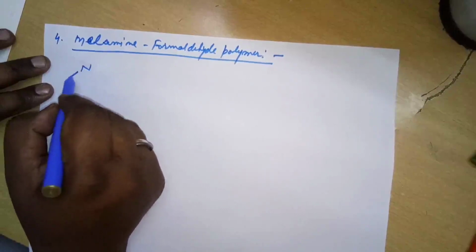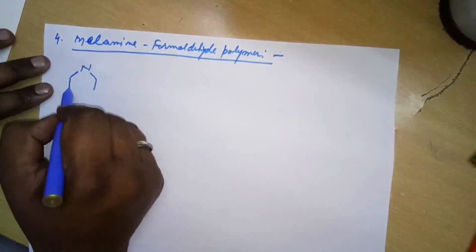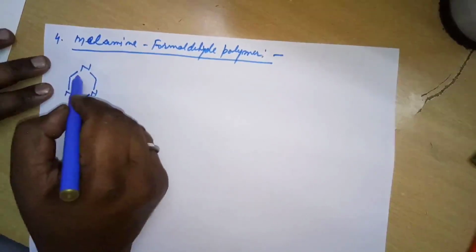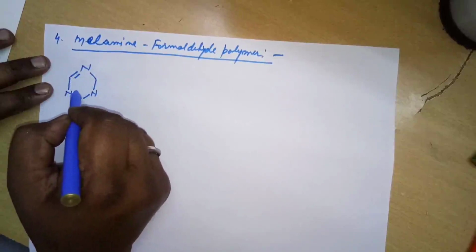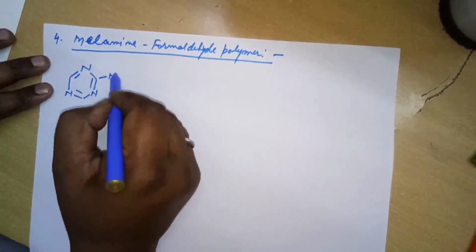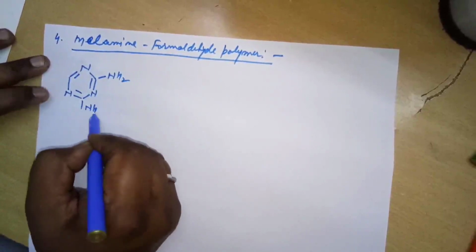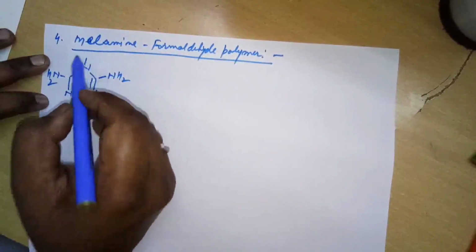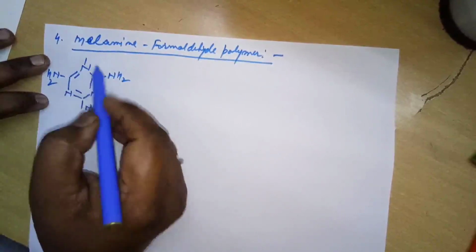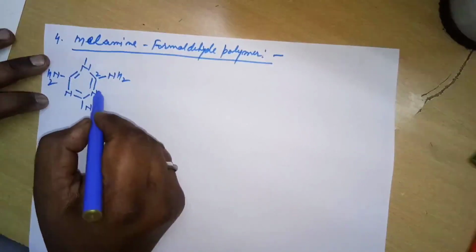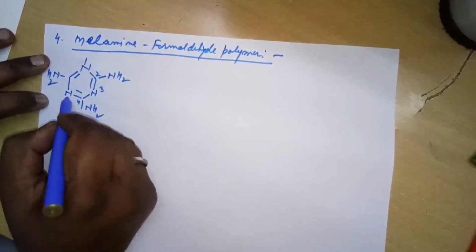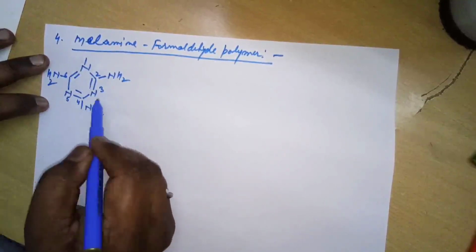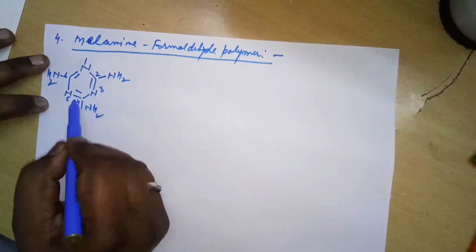The formula of melamine is this. This is melamine. This is number 1, 2, 3, 4, 5, 6. 2, 4, 6 triamino 1,3,5 triazine.